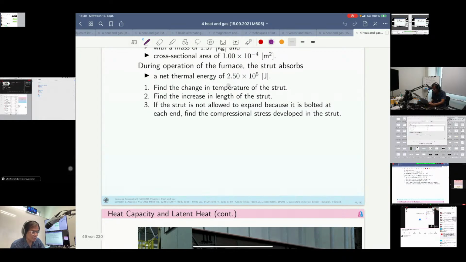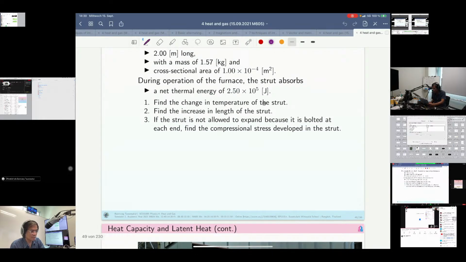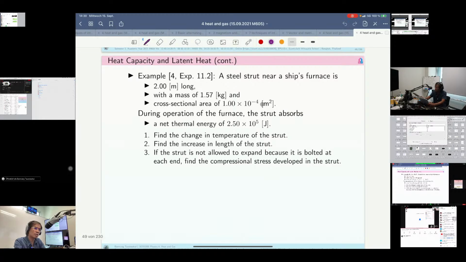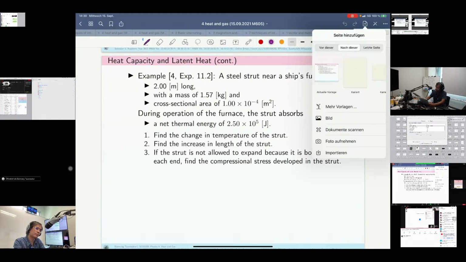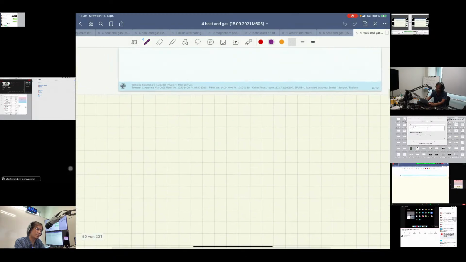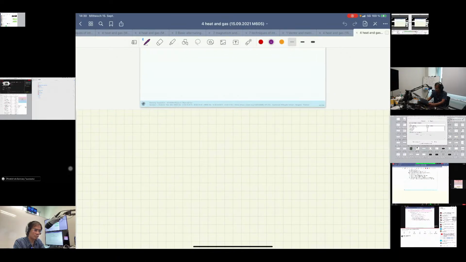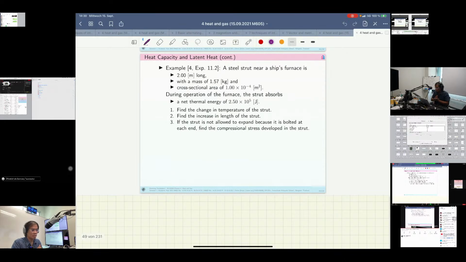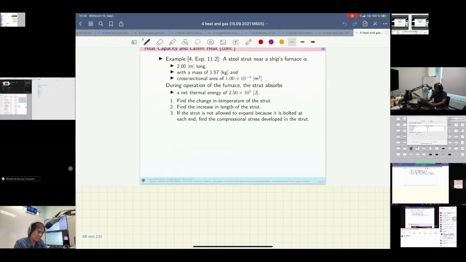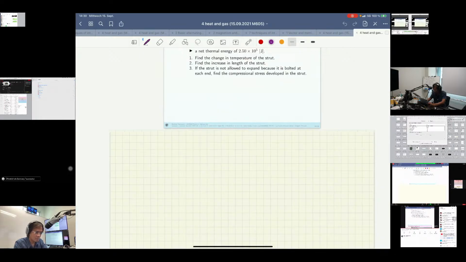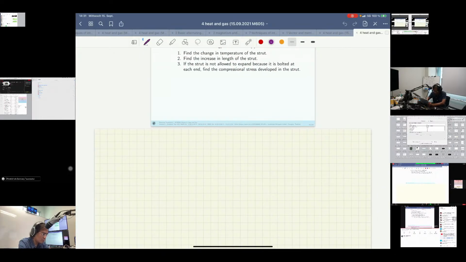Okay, the question for us at the moment is the temperature change of the strut. Temperature change of the strut, right? So we start from the usual formula, Q is MC delta T, right?